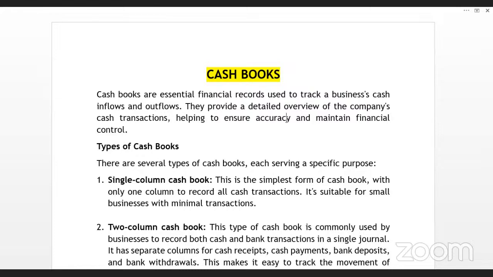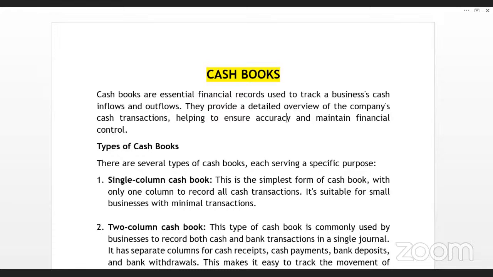We use it to record cash inflows of the business as well as the cash outflows. So it is a book of prime entry that records the cash receipts and payments of a business. That is a cash book.